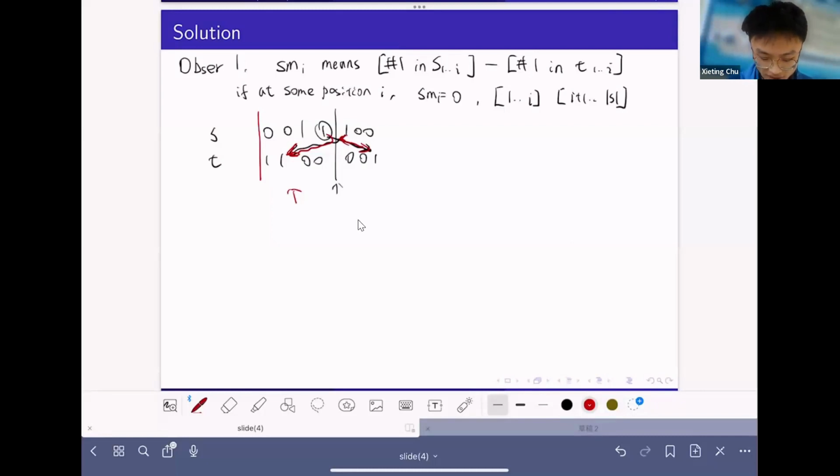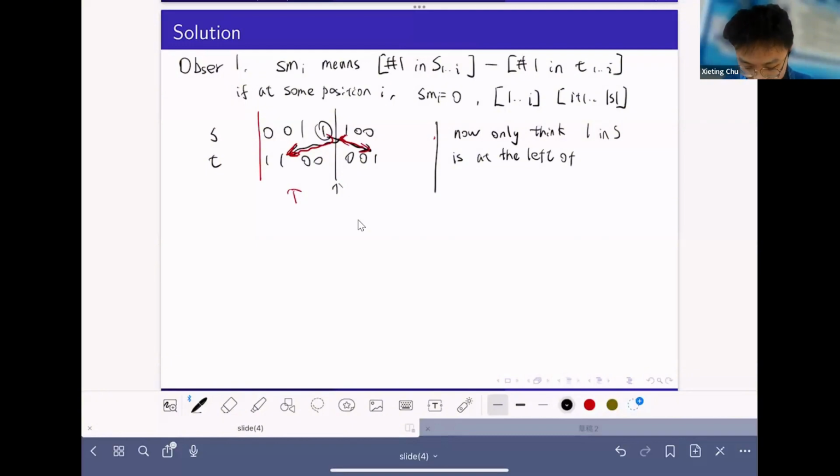And now we only need to think of the 1 in S that is at the left of the 1 in T. And if not, we just swap S and T.